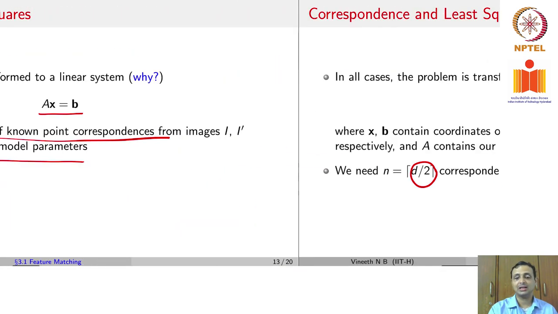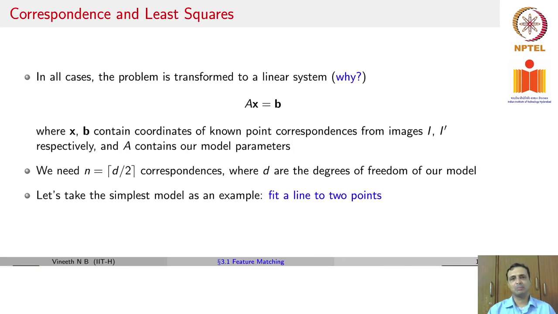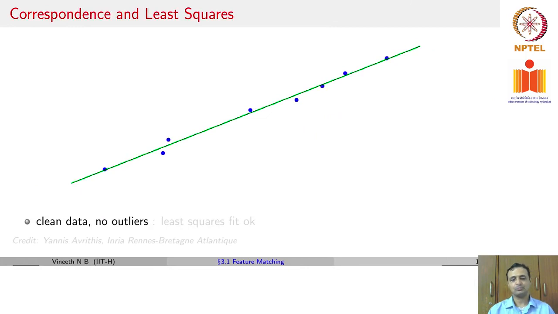So we are left with one task as to how do you actually estimate those parameters given those correspondences. Let's start with the simplest approach that we all know: if you have 2 points, fit a line. That's the simplest model that we can imagine. Let's say that's the approach that we're going to use, but let's try to describe this further.